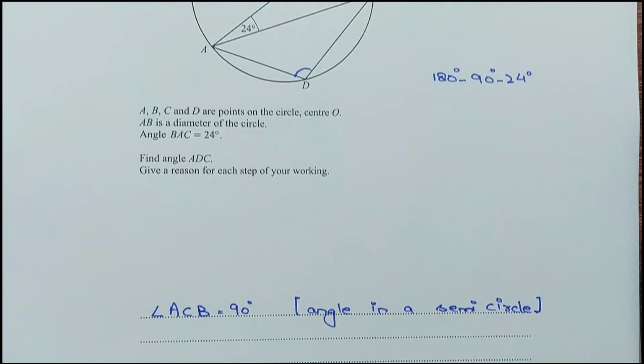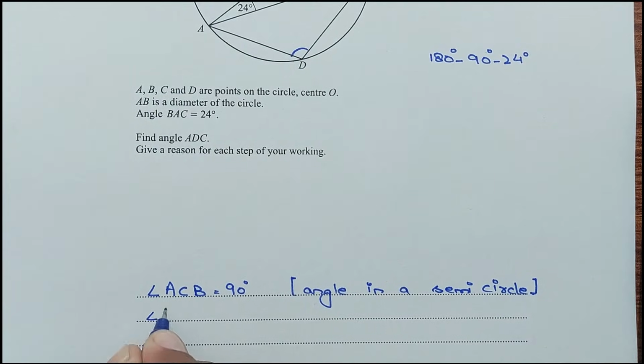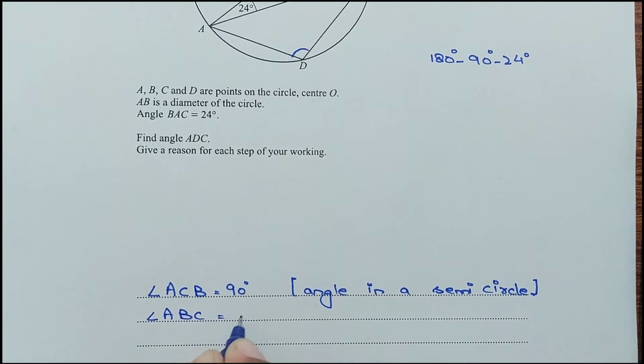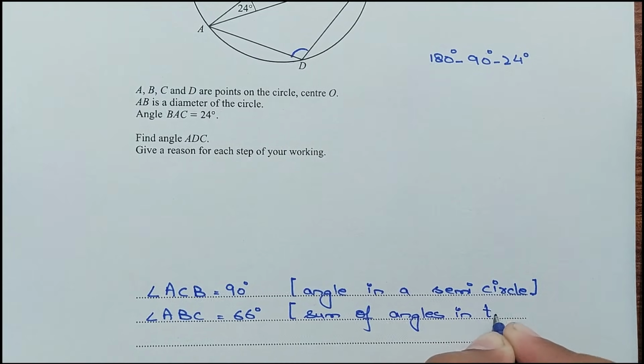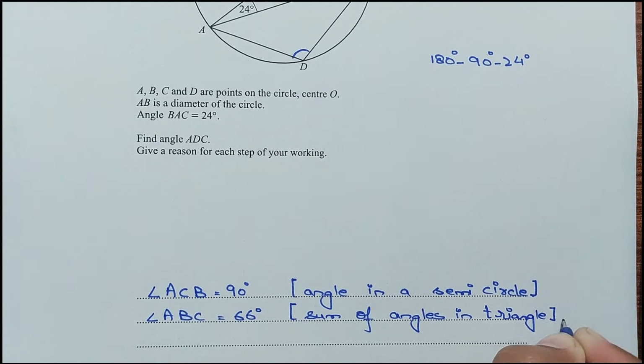Angle ABC is 66 degrees, because the sum of angles in a triangle add up to 180, right?